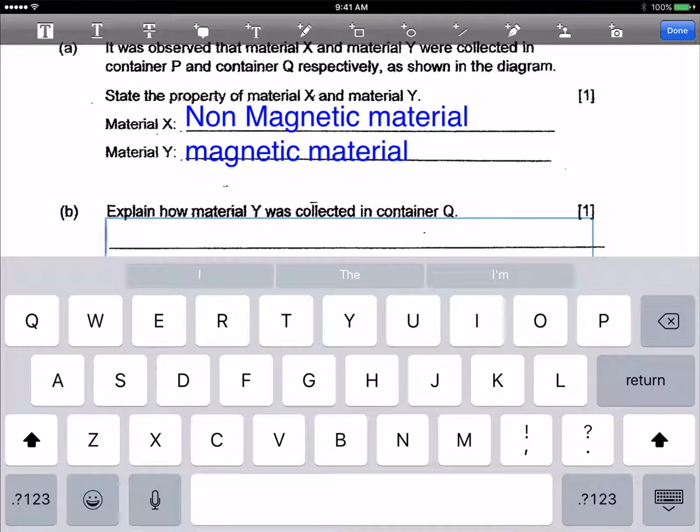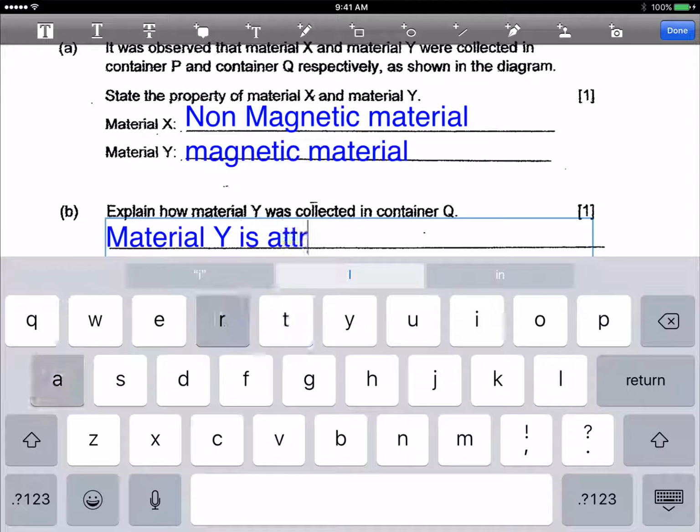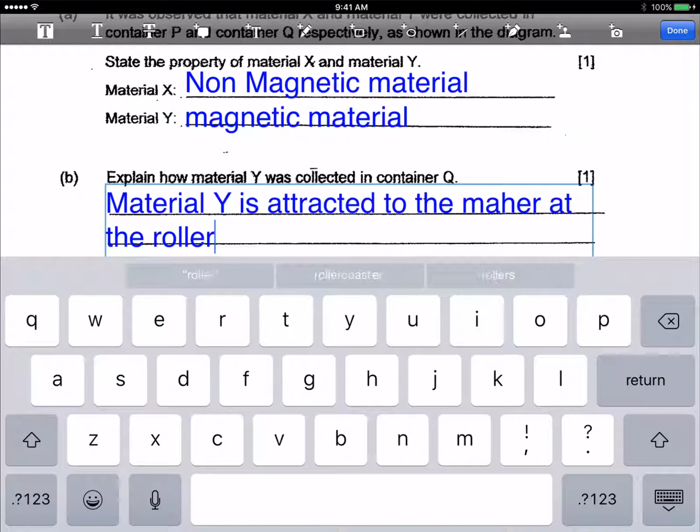There are no magnets below, so material Y will drop into container Q. So material Y is attracted to the magnet at the roller.